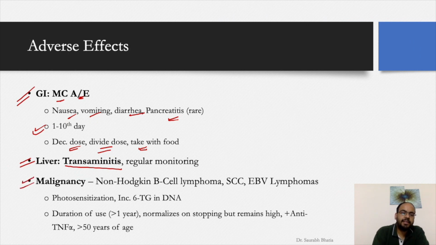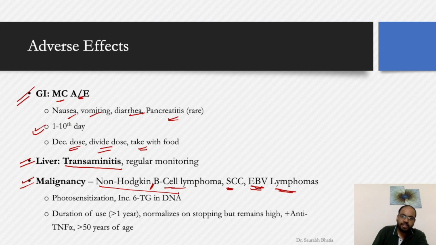Now, malignancy: the risk of malignancy, as we have previously discussed, includes non-Hodgkin B-cell lymphomas, SCCs, and Epstein-Barr virus-induced lymphomas. So these kinds of incidents. Now you have to remember that B-cell lymphomas and virus-induced lymphomas occur because the uncontrolled proliferation of cells is not checked by immunity.